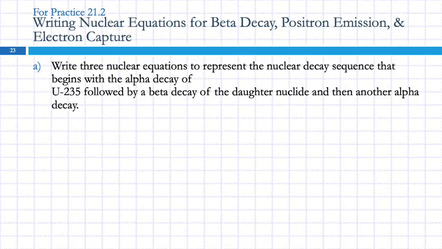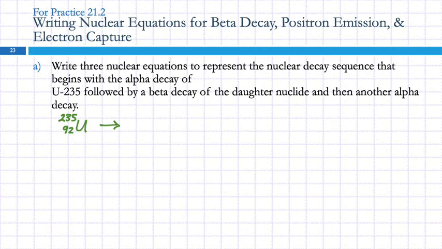So let's practice writing some nuclear equations. This is asking us to write 3 nuclear equations representing the nuclear decay sequence that begins with the alpha decay of uranium-235, followed by beta decay of that daughter, and then alpha decay. So here's what we're starting with, uranium-235, and we need the atomic number of that, 92. So the first thing is alpha decay.